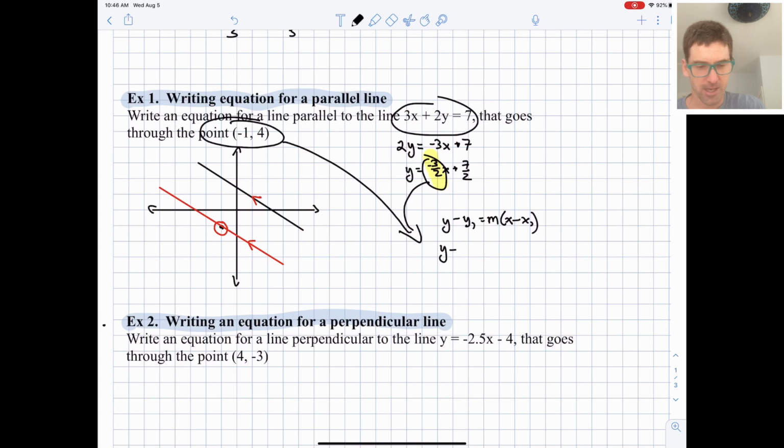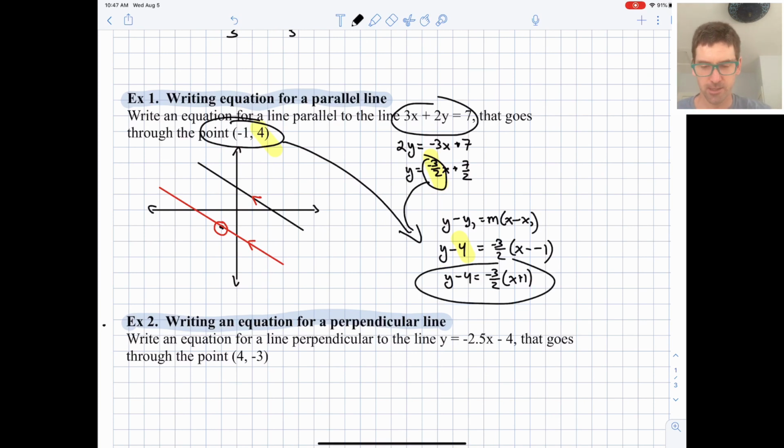So we have y minus our 4 equals our slope, -3/2, times x minus our x value, which is -1. And let's deal with that double negative. y minus 4 equals -3/2 times x plus 1. All right, so we got it. We have a new line that has the same slope as our original line, but goes through the given point.